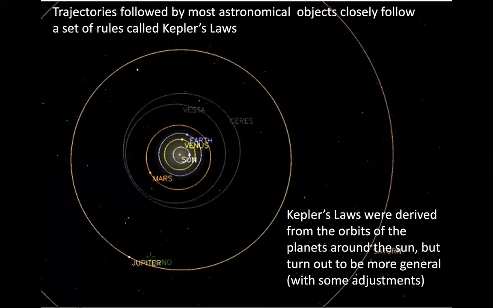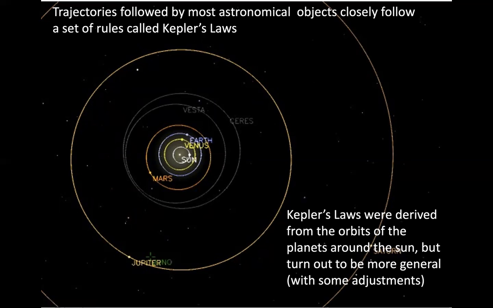And what that results in is objects where the sun is the dominant source of gravity following particular trajectories. These are called orbits because they go round and round. And it means that all of the planets and even asteroids follow paths that go round and round the sun.